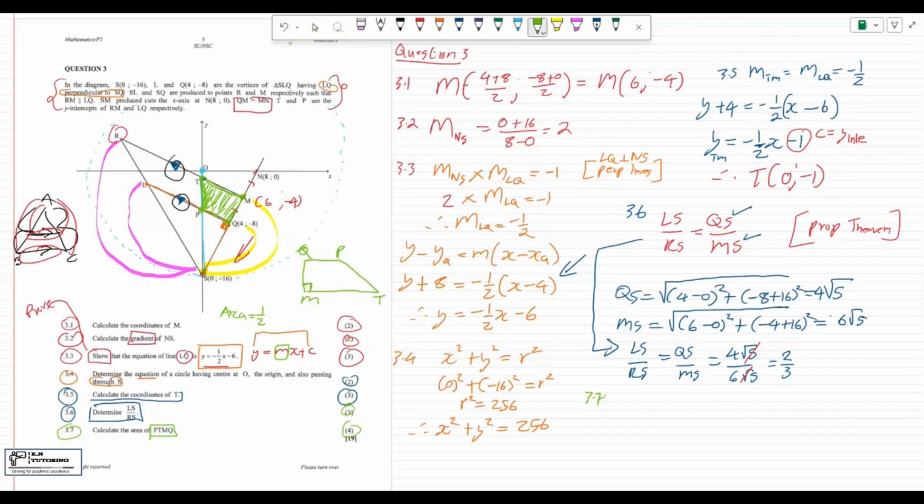It's going to be half of side 1, which is QP, plus side 2, MT, then multiply by the perpendicular height, which is QM. Right, so that's the area of a trapezium.